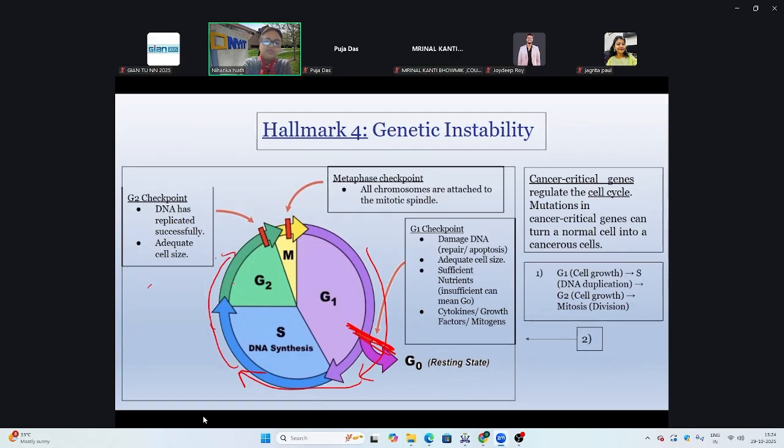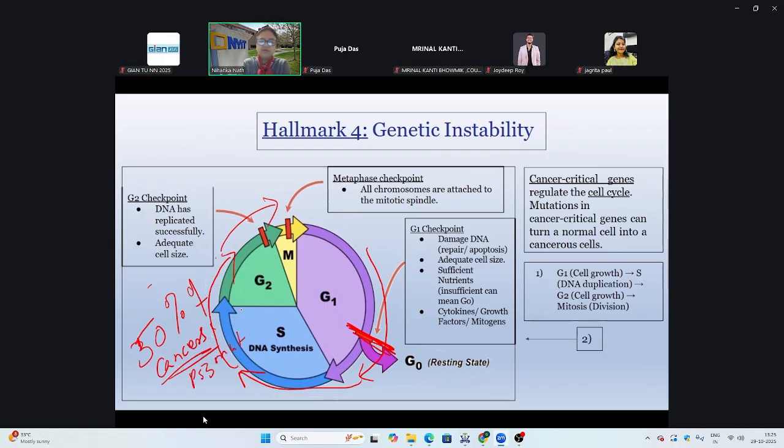They'll still get ready to divide and keep on dividing. No stopping it. And so about 50% of all cancers have P53 mutations.